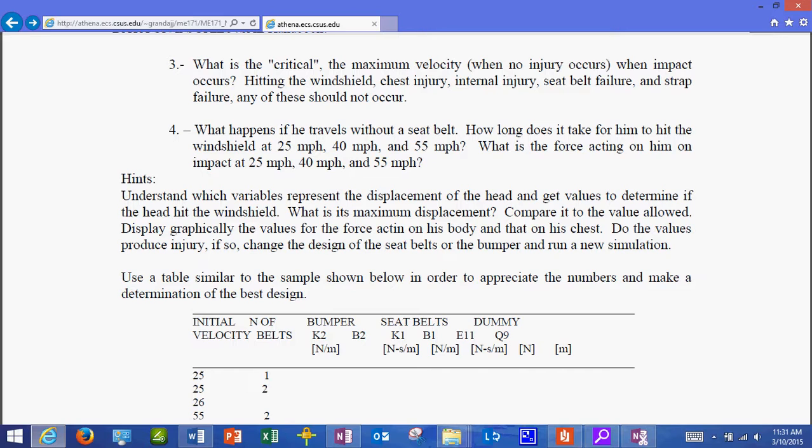So if it is more than what's specified, you know that it is not working. You're going to plot also the distance that his head is from the windshield at all times. And if it goes past the limit of the distance that the program tells you, you know he's gone through the windshield at that point. So it has to be at that exact dimension. Otherwise, even his nose might have gone through the windshield.